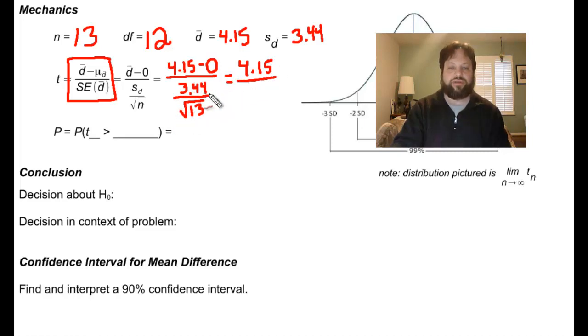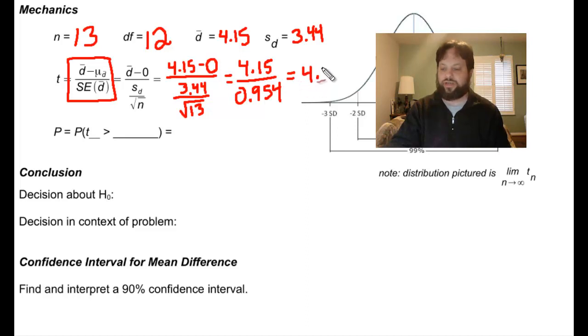The standard error, though, here, if you go ahead and calculate this out on your calculator, I did it earlier, and I got about 0.954. That is our standard error. Of course, if you divide those, you'll get our t-score, and our t-score here is about 4.349. Again, try this in your calculator, see if that's the same thing you get. I've certainly made mistakes before, but I hope this is right now.